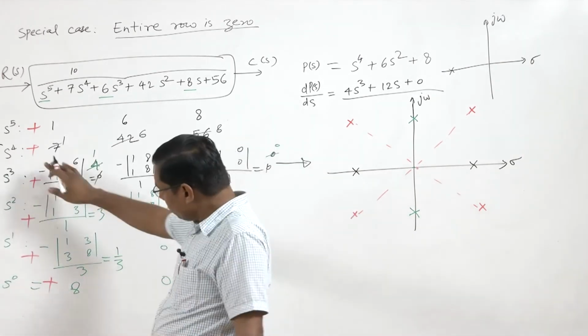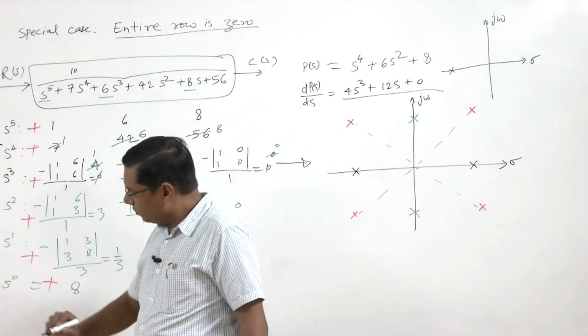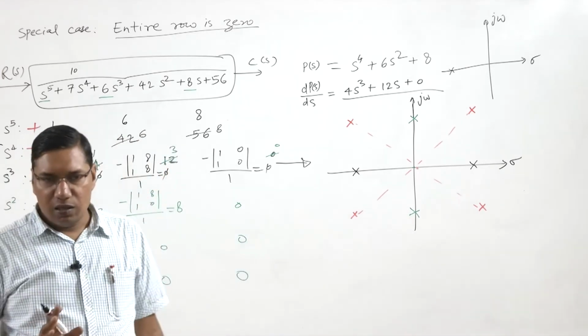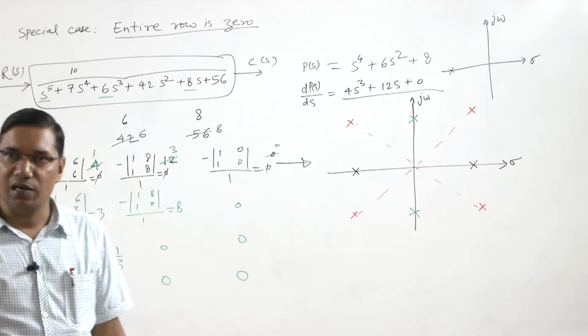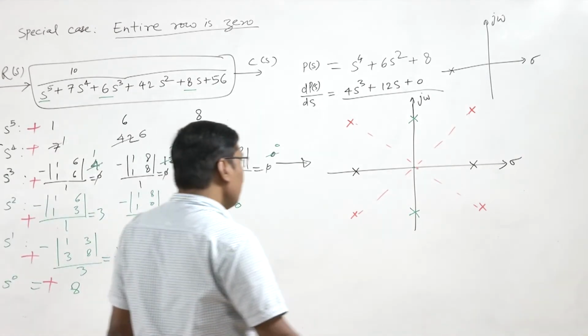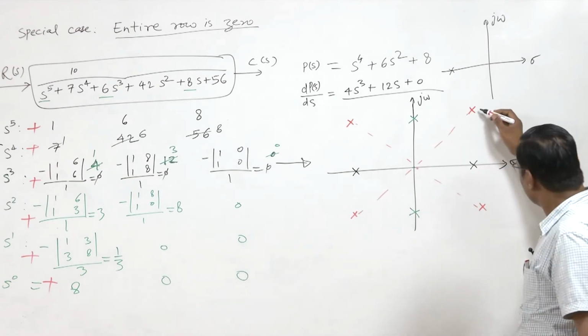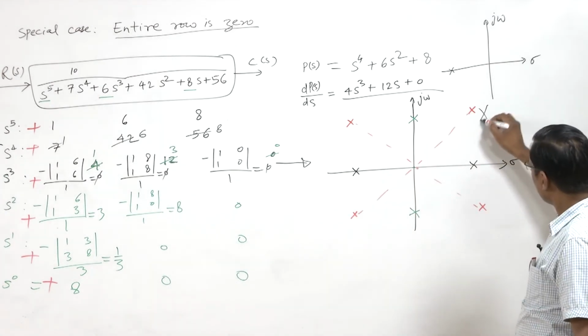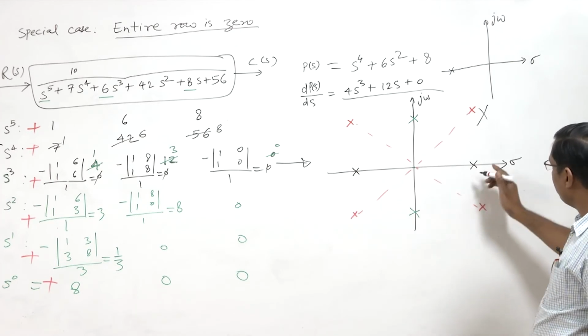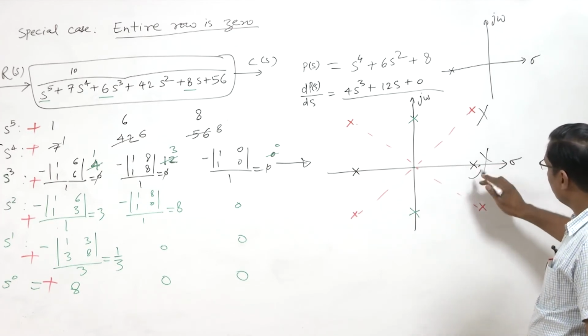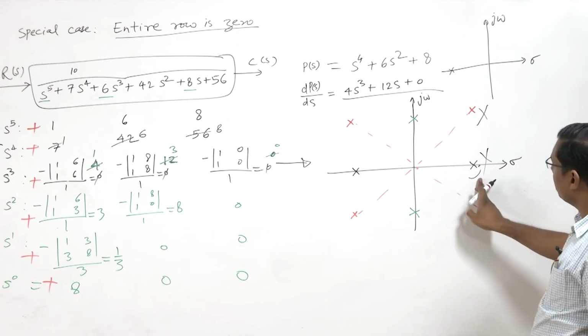Now we see that there is no sign change from S4 to S0, which means these roots cannot be in the right half plane. So this symmetry is not possible, because in this case the roots come to the right half plane. This symmetry is not possible because again the roots come to the right half plane.